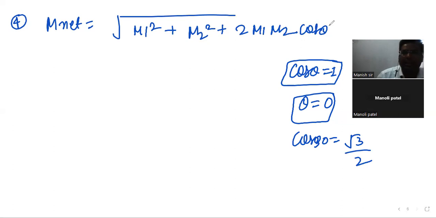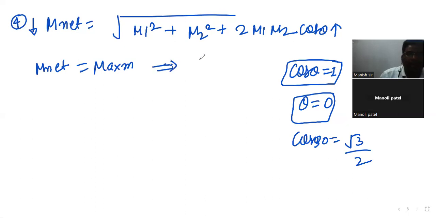Because we are taking a square root, when the angle increases, the magnetic moment decreases. So it is maximum when theta is minimum. So when will the net magnetic moment be the maximum? When the angle, that is theta, is less, right?